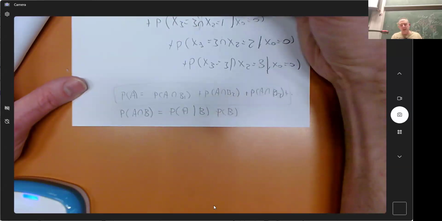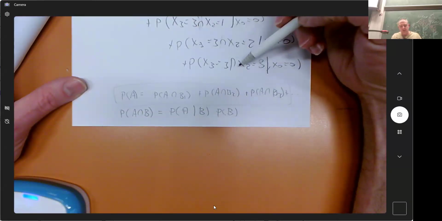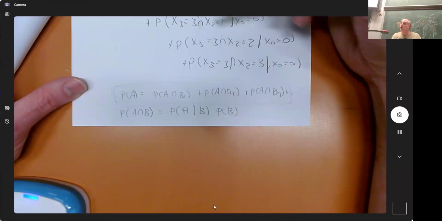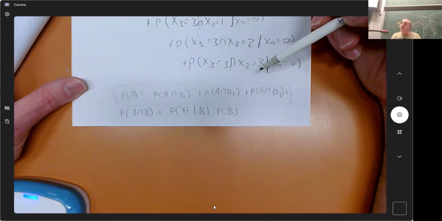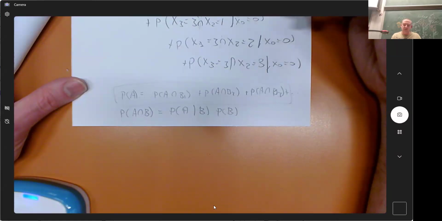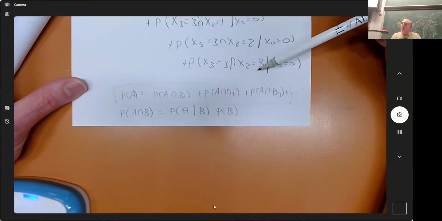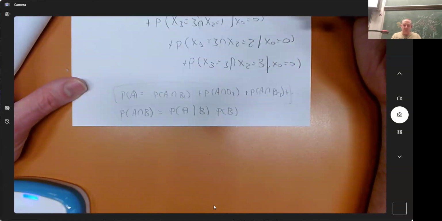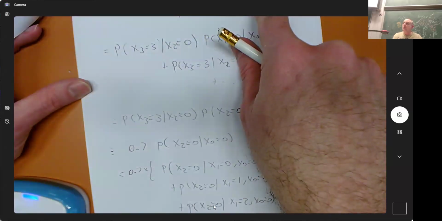Oh no, we created these intersections. They weren't there before. So we said there are 4 ways for x3 to be 3, and that's for it to come from these things. So we created those intersections. It was this intersection that became this.